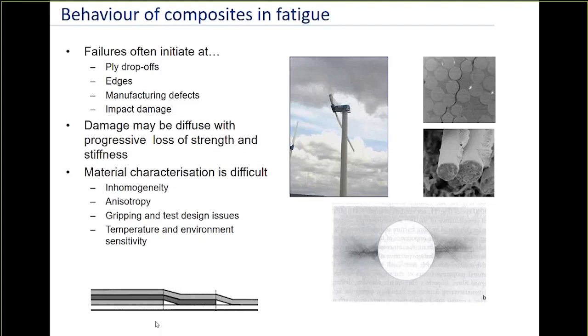They're also sensitive to the environment. We've been doing quite a lot of work with short fibre reinforced polyamides, and they absorb moisture from the atmosphere, and in doing so may lose up to maybe 40% or so of their stiffness and strength. So environment and temperature are very important.